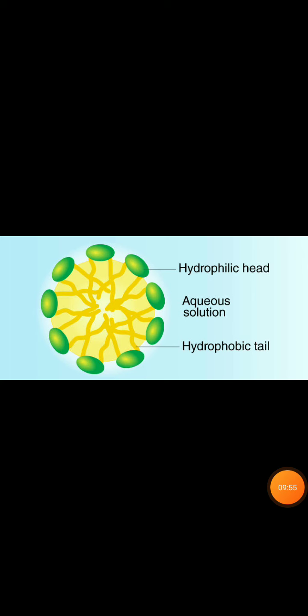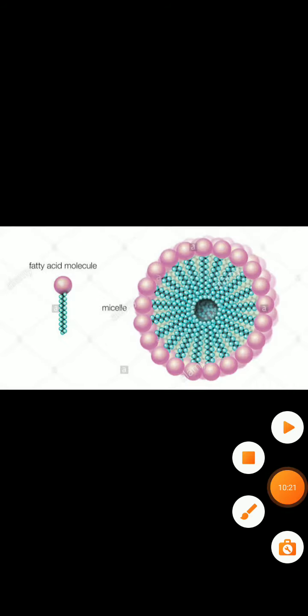What is a micelle? The soap molecules form the structure called a micelle, in which one end of the molecules is towards the oil droplet or towards the dirt, and the ionic end, which is the hydrophilic end, faces outside. This type of structure is called micelles.